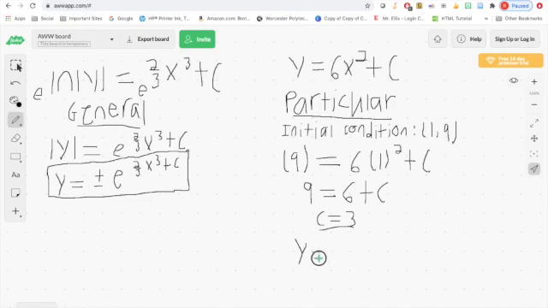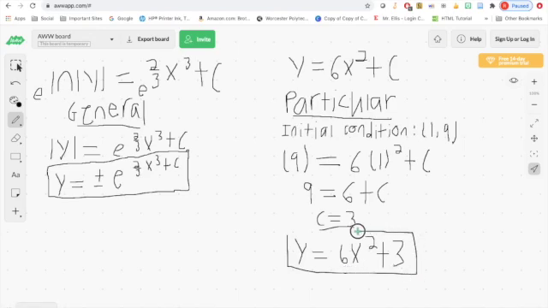So let me write out the equation one more time using our newfound c value. And like I said, here we are lucky. There's no algebraic manipulation needed because we already have an answer in the form y equals, and we just solved for c, so that's gone.